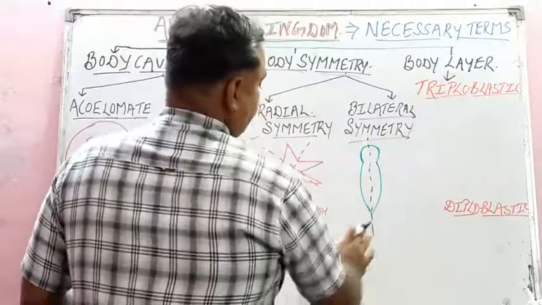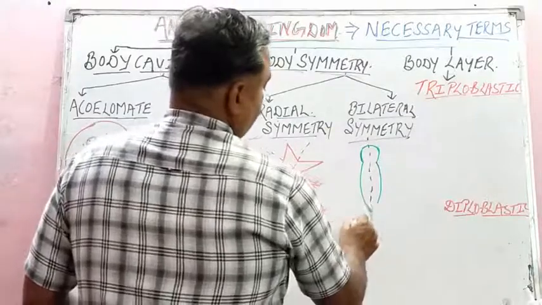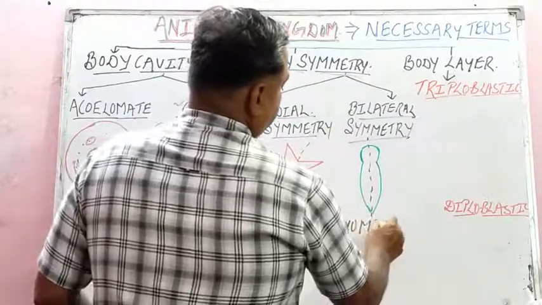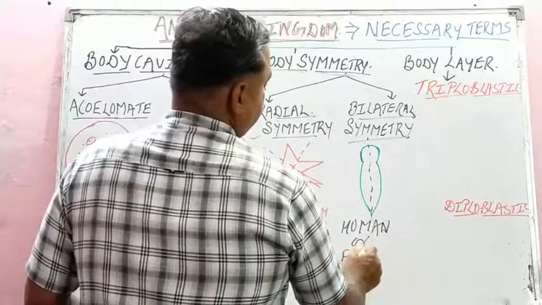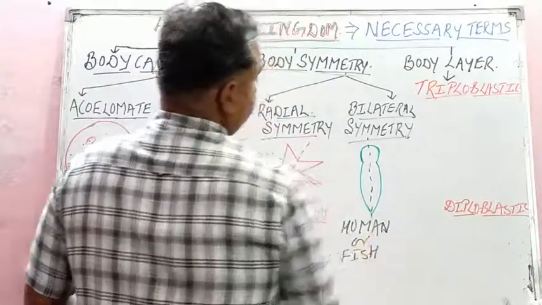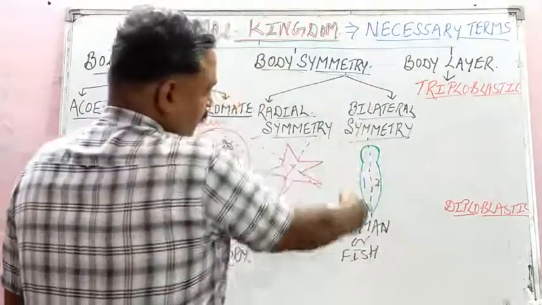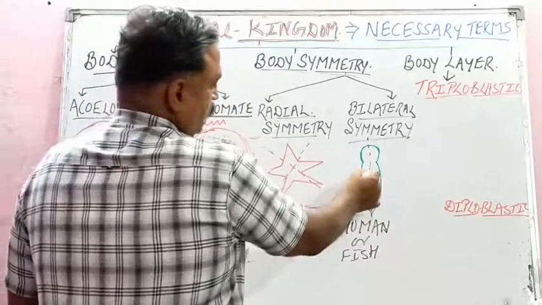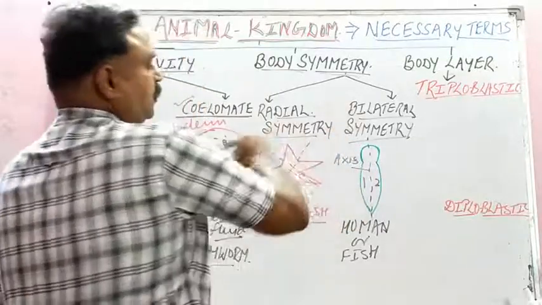And you can understand by seeing the figure. What is the example? Human or fishes also, fish, isn't it? So two equal halves, 1, 2, from the longitudinal axis. This is the longitudinal axis, isn't it? So there are two kinds.